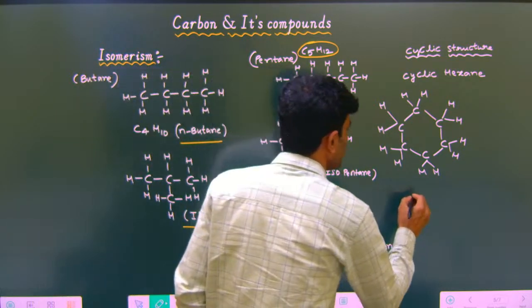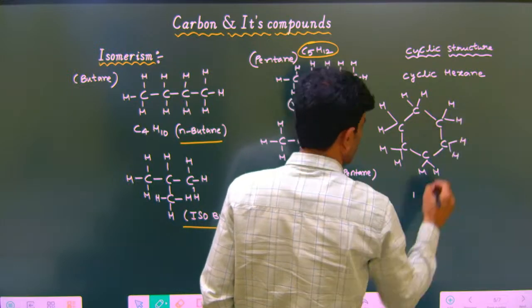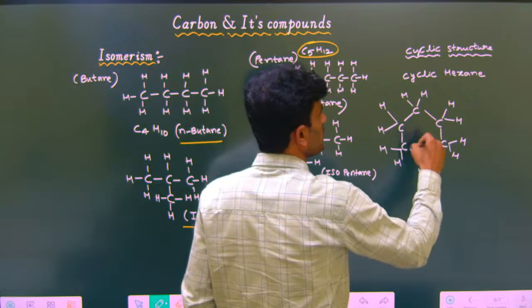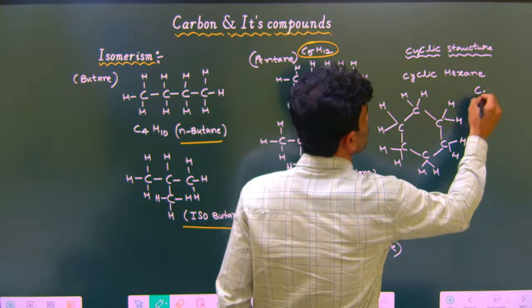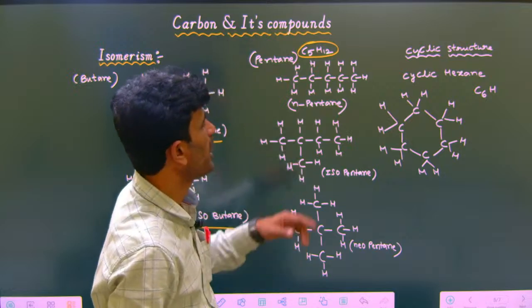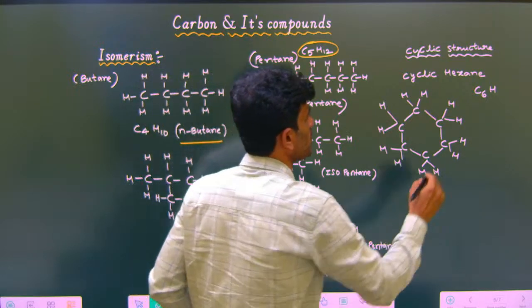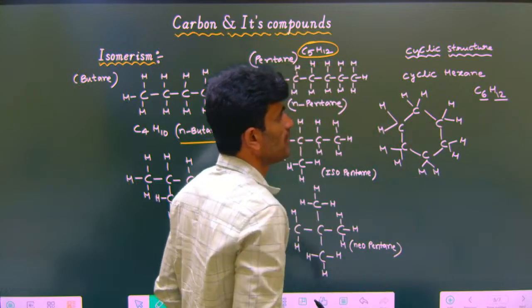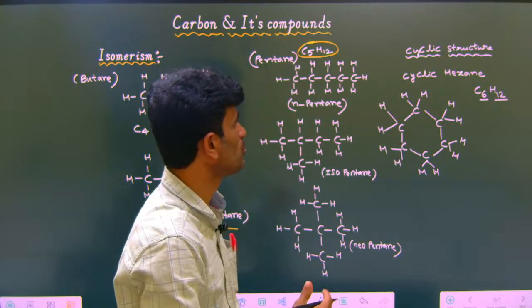One more we also have, that is benzene. The formula of cyclohexane is, how many carbons are there in this? 6 carbons are there, so C6. And how many hydrogens are there in this? 12 hydrogens are there. So if you observe the molecular formula, it does not satisfy the alkane general formula, CnH2n plus 2.